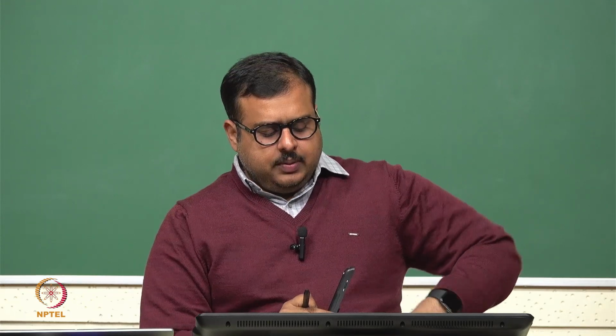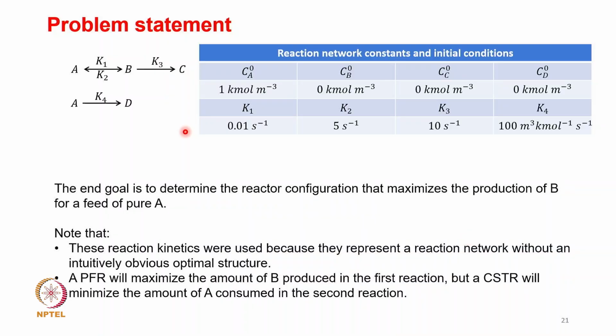Now let us take a sample. As I told previously, the attainable region analysis would start from the reaction itself. We are not looking at the reactors at the moment, we are only looking at the reaction.